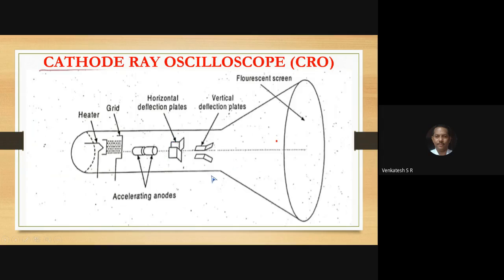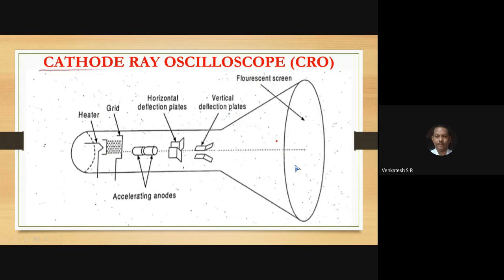Many of you have seen in a black and white TV a knob at the backside, from which you can control the image in the vertical as well as the horizontal direction. That is the horizontal and vertical deflection plates. Any movement of electrons in the vertical direction is controlled by the vertical deflection plate, making the image exactly at the center of the fluorescent screen.